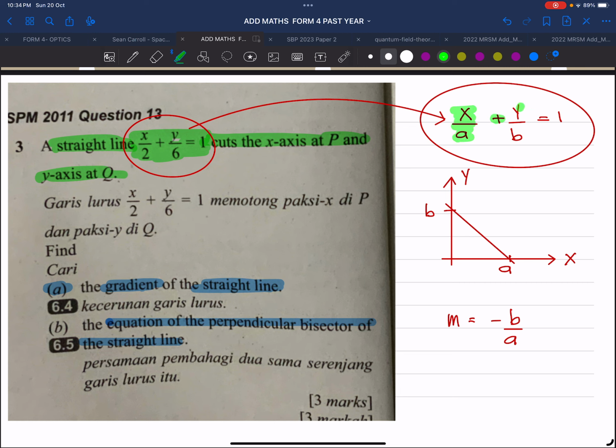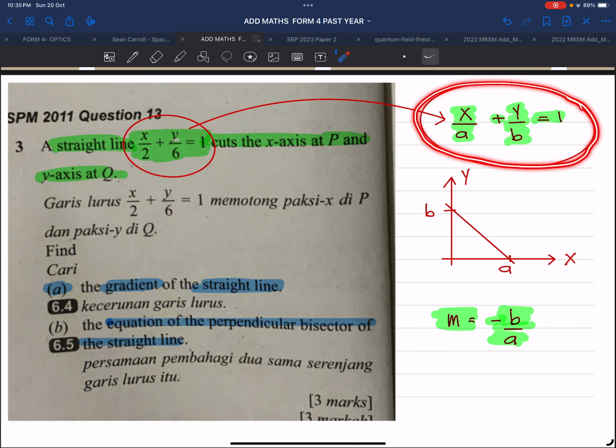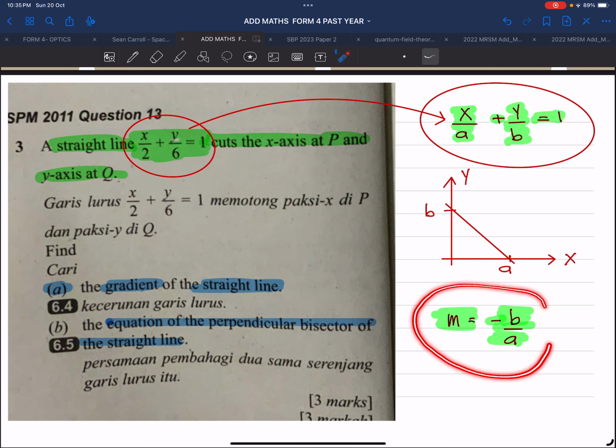And for the equation of x over a plus y over b equals 1, the gradient of the graph m is negative b, the y-intercept, over a, which is the x-intercept. Okay? So if you are given equation intercept, this is called the intercept form, we can get the gradient.